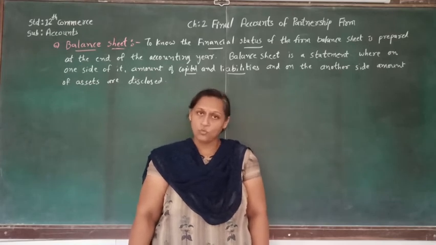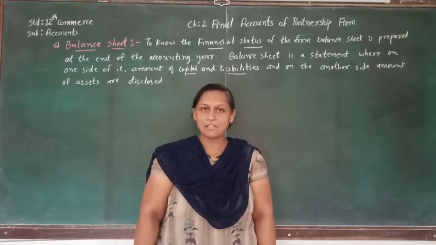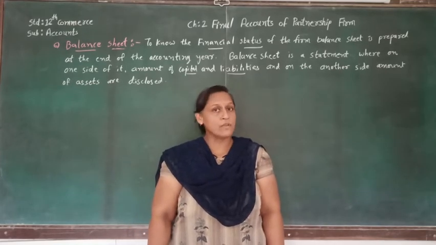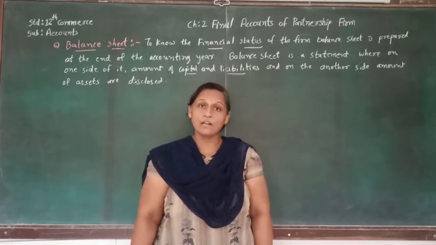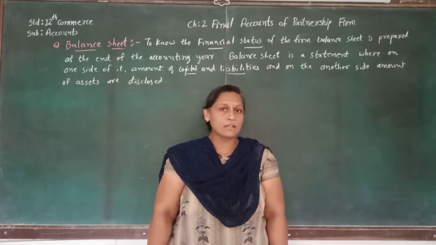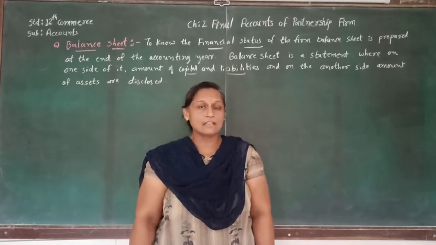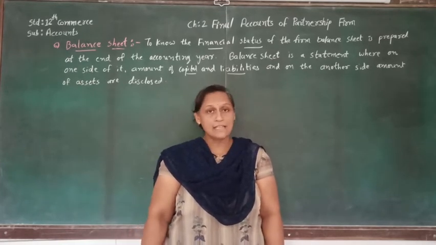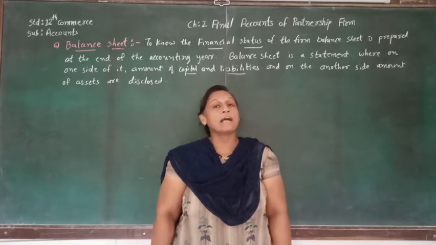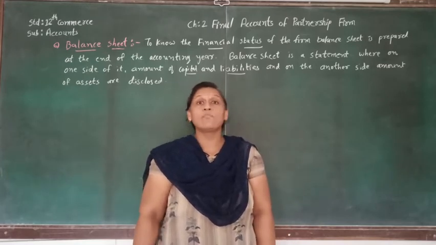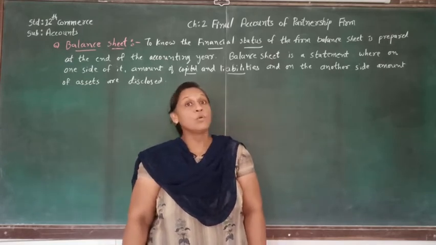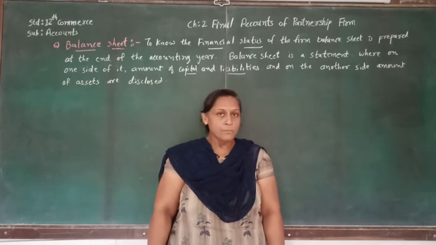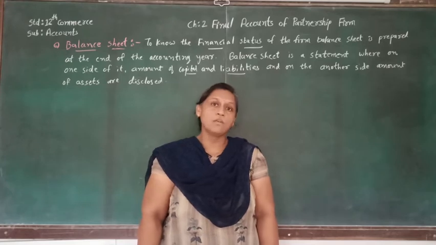In that there are two parts, tangible as well as intangible assets, and then there is an investment of the firm, and afterwards there are current assets where we write all the current assets like debtors, bills receivable, cash, bank or stock, and lastly we write deferred revenue expenditure if there is any in the partnership firm. So this is how we prepare the balance sheet of the partnership firm.